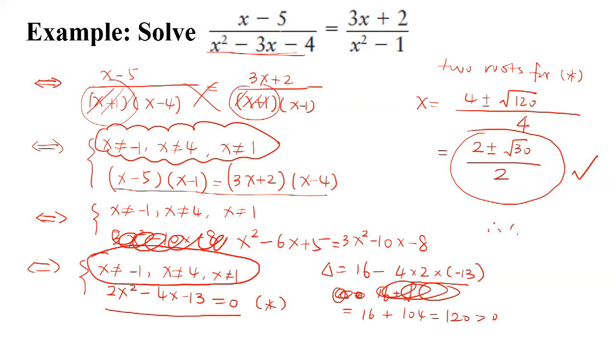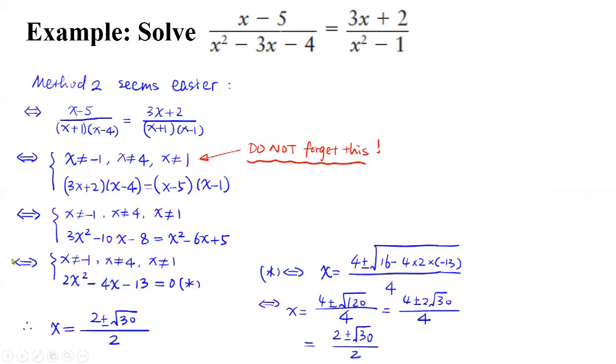Okay, the conclusion is x is 2 positive or negative square root of 30 over 2. This is our final solution. All right, any questions? Okay, you can also check the solution here after the class, okay?